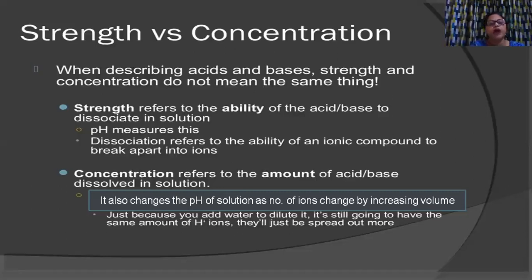Just because you add water to dilute it, it's still going to have the same amount of hydrogen ions. Suppose in 100 ml of water there are 50 hydrogen ions. Now if you add another 100 ml of water, the number of hydrogen ions will still remain 50. So that is called the concentration of ions.